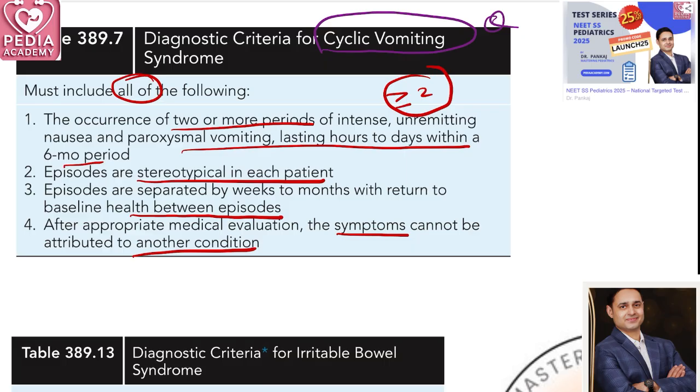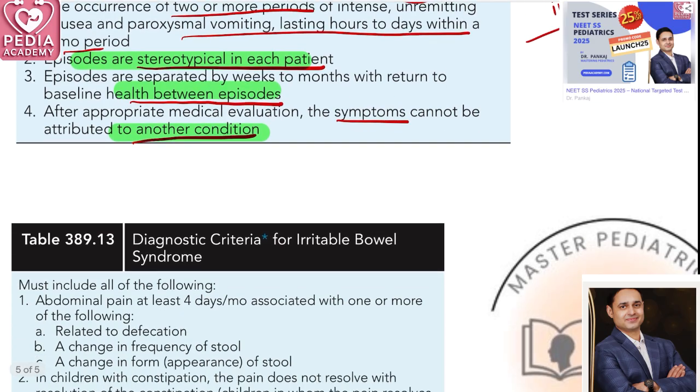So in a nutshell, it is more than two nausea episodes in 6 months, and in between, normal. These are the main characteristics. There is no other systemic condition, health is normal, and episodes are stereotypical, and these all must be there for diagnosis of cyclic vomiting syndrome.